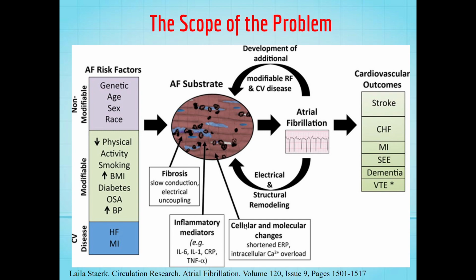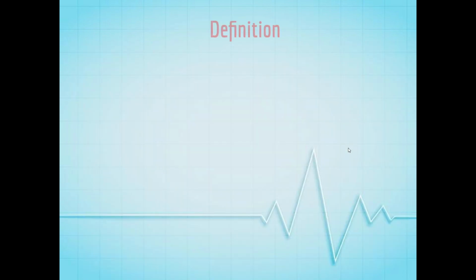Persistent atrial fibrillation further induces electric and structural remodeling that promotes perpetuation of atrial fibrillation. Atrial fibrillation also may lead to the development of additional risk factors that further alters the atrial substrate. Finally, atrial fibrillation is associated with several clinical outcomes.